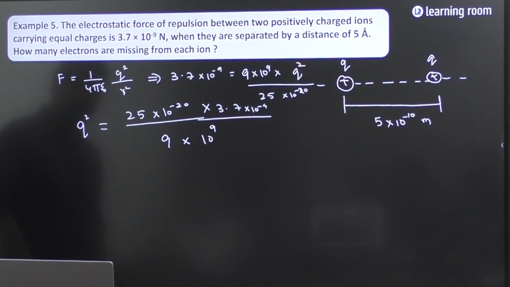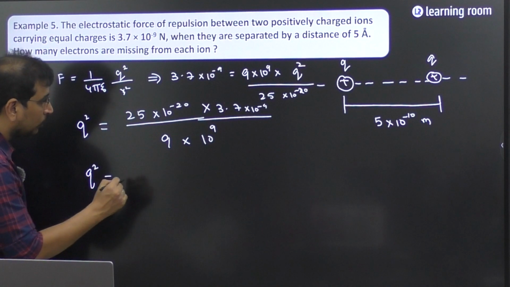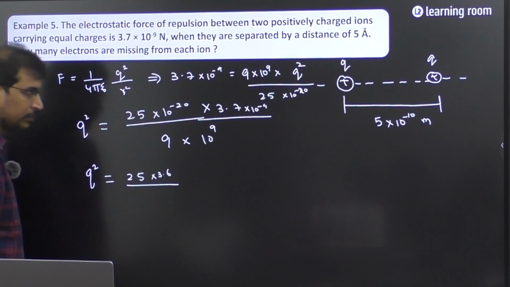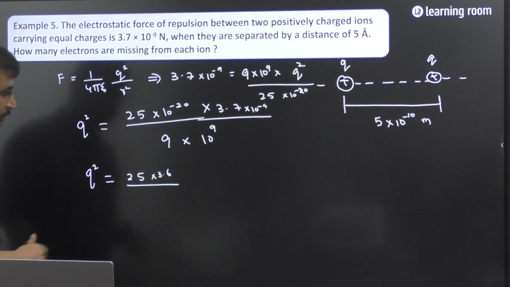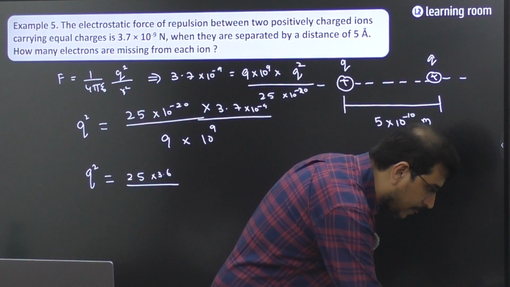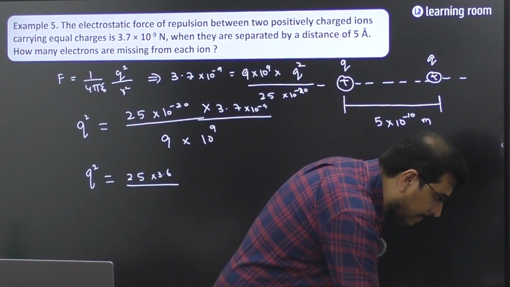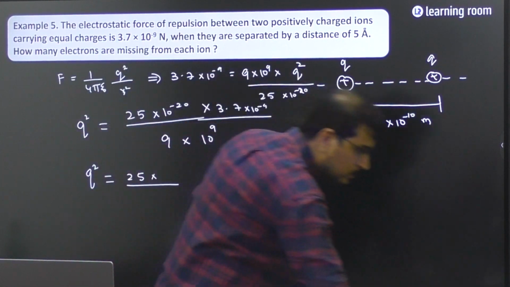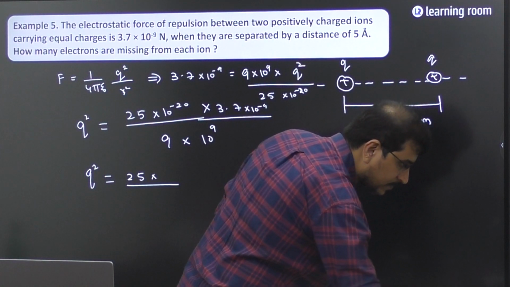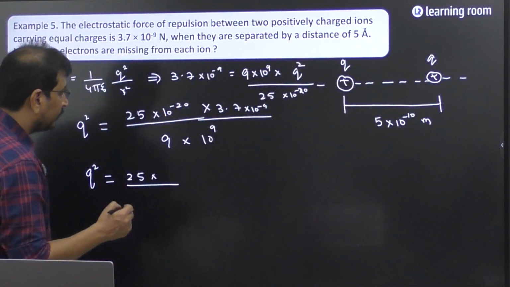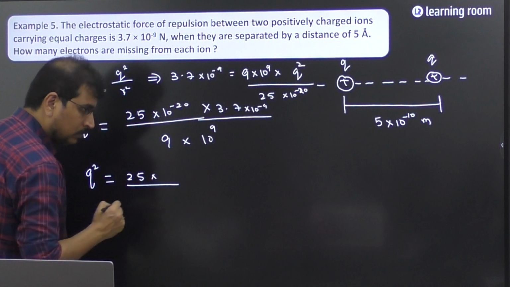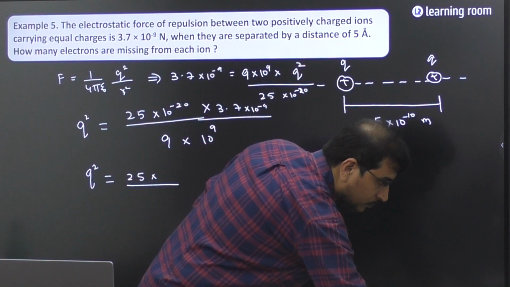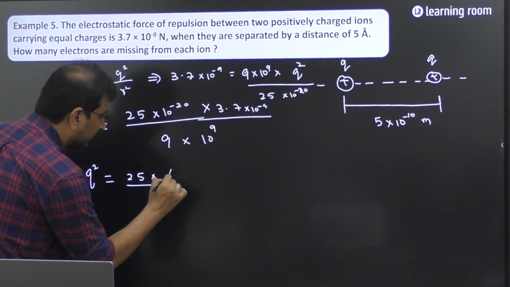Okay. So Q square will be equal to 25 into 3.7. I'll approximate it to 3.6, or I'll write it as 36.